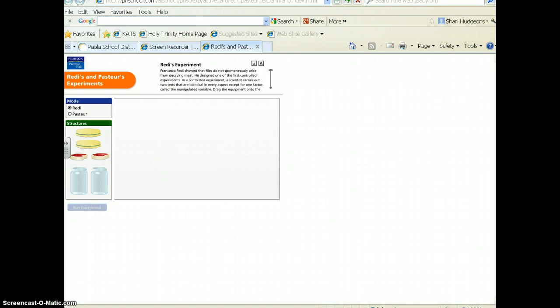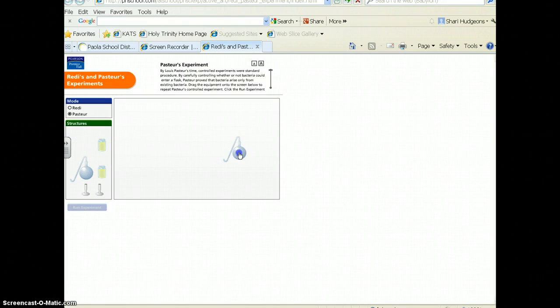Now, another experiment. So that's Redi's experiment, and it was a really awesome experiment. Next, we had Pasteur. And Pasteur, we already talked about, I think, before, about pasteurizing milk. Okay, that's from Louis Pasteur also.